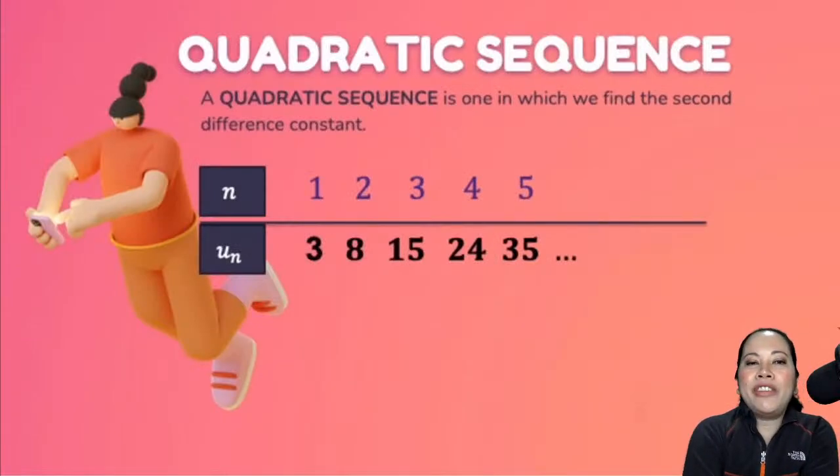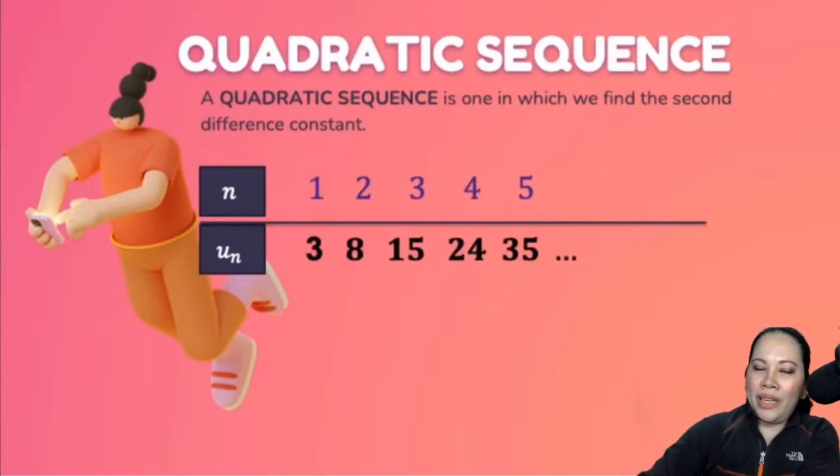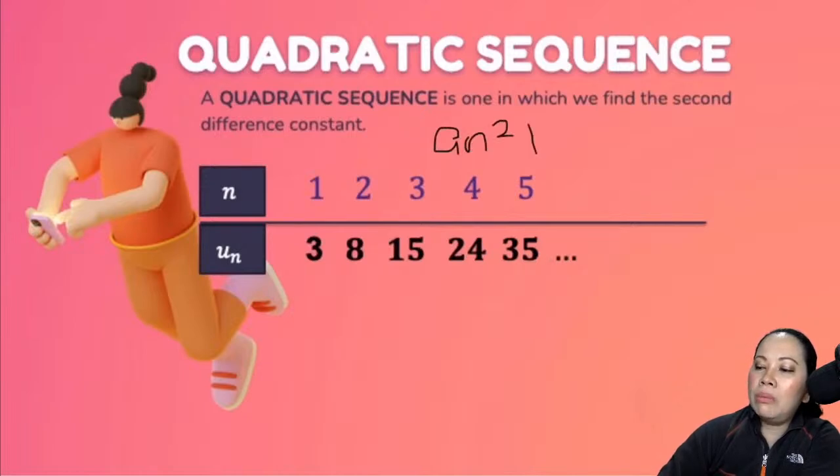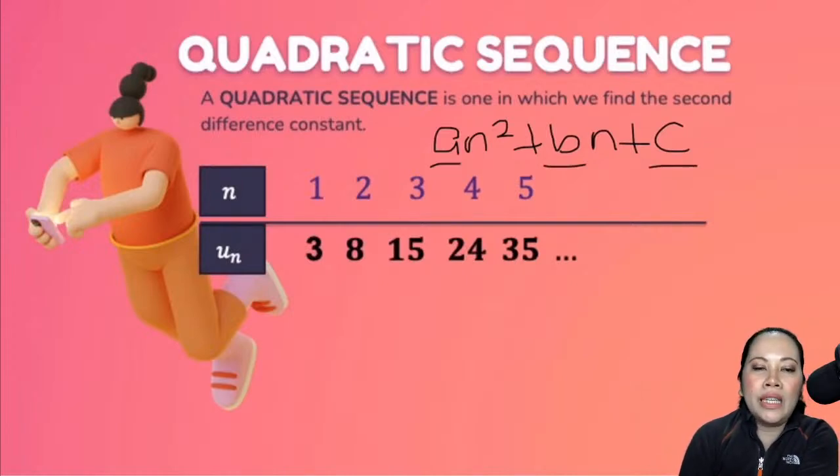Now, the third type of sequence, which is the last one that we'll be talking about tonight, is the quadratic sequence. It has the form an squared plus bn plus c, where a, b, and c are constant numbers.